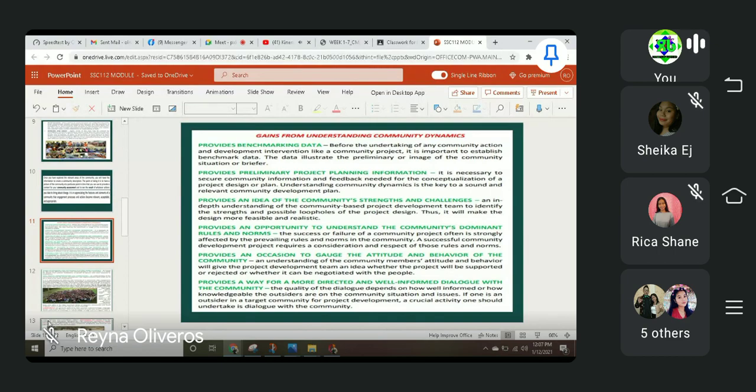Then, another one, it provides an occasion to gauge the attitude and behavior of the community. Kasi kailangan maintindihan mo yung mga tao, no? Yung attitude and behavior ng mga tao doon sa komunidad na yun. Okay? Once you conduct a project development sa isang area, you have to understand the attitude and behavior of the community members. 'Di ba?